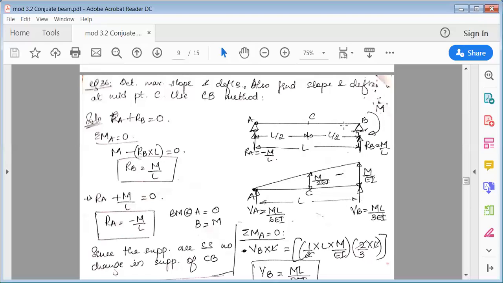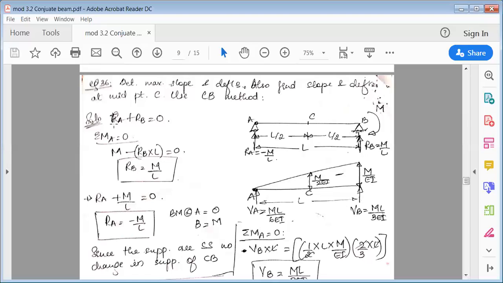So it will try to push BC upward. Here this portion, if your moment is acting at B, if you try to draw this and imagine, this load will try to push BC above like this.